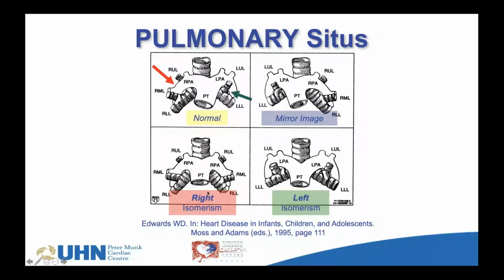In the setting of right isomerism, we see here the right pulmonary artery on the right and the right pulmonary artery on the left travel anteriorly to the right upper lobe bronchus on both sides. In the setting of left isomerism, the left pulmonary artery travels posteriorly to the left upper lobe bronchus on the right and on the left. So that's the proper assessment of the isomerism in the lungs.